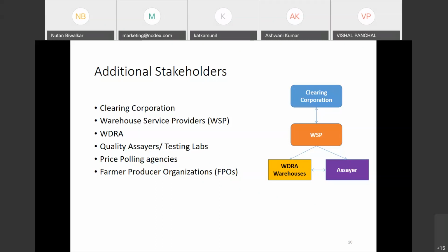Constant dissemination of spot prices on a regular basis also helps the players in the futures market to understand the contango and backwardation built into the futures prices and take trading decisions accordingly. So the price polling agency plays a very pivotal role. They have to disseminate their polling process, who the polling agents are, and how they are polling.